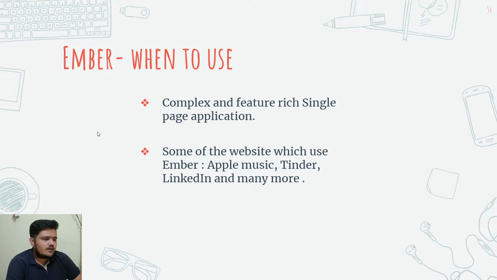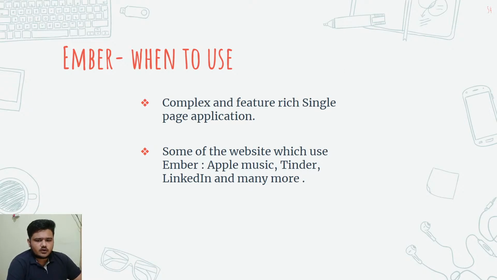So whenever we are working on a project which is complex and feature rich, and also on the client side or a mobile app, we can use Ember and it will provide us very good results. Apart from that, there are some websites that are using this framework. Those are Apple Music, Tinder, LinkedIn, and others as well.